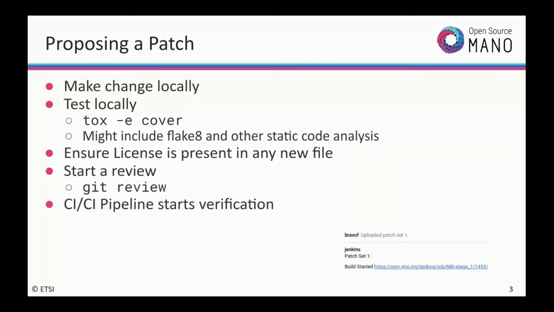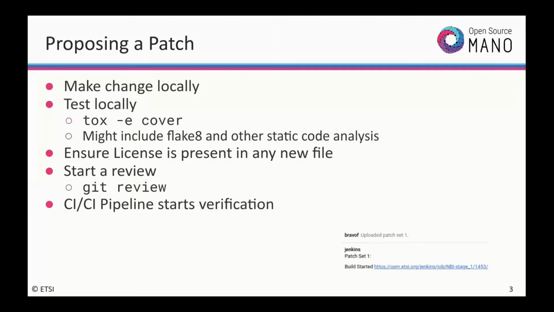Otherwise, you may find that you've published your review, and within a couple minutes it comes back and says, "Oh, a test failed," or "Oh, your formatting is not PEP 8 compliant," which is a standard for Python code. We also need to make sure that we have the Apache license present in all of our files.